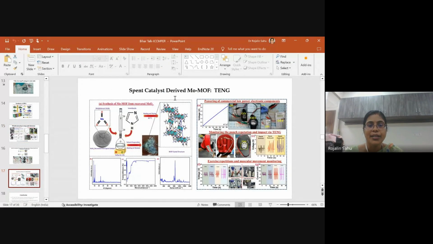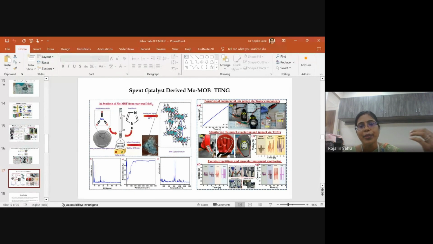Similarly, as you know, nowadays we are talking about the circular economy. Most of the time, spent catalysts are not being reused. So here we have used the catalyst which is used in the petroleum industry to refine petroleum, and then that catalyst is thrown away.